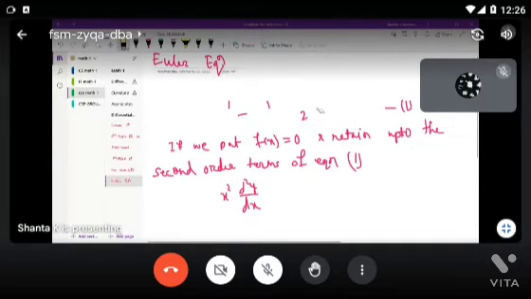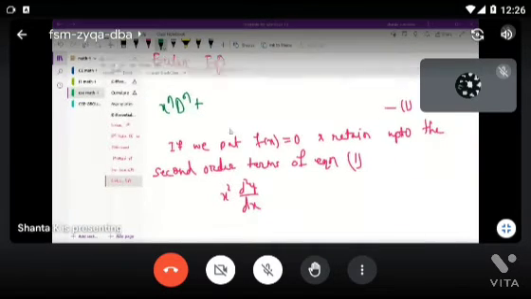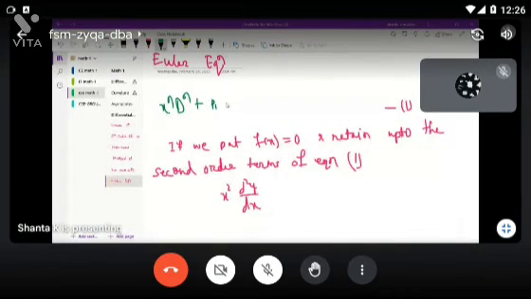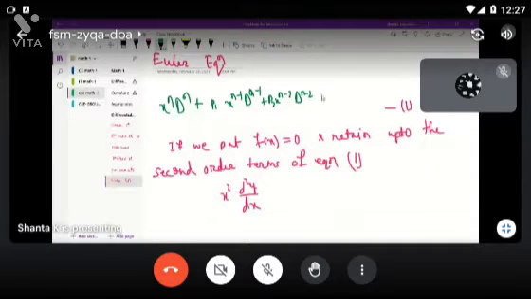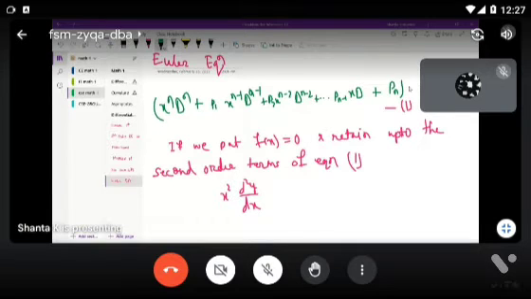After putting this, it is like this: x^n d^n y plus p1 x^(n-1) d^(n-1) y, and so on, plus p_n y equals to f(x).